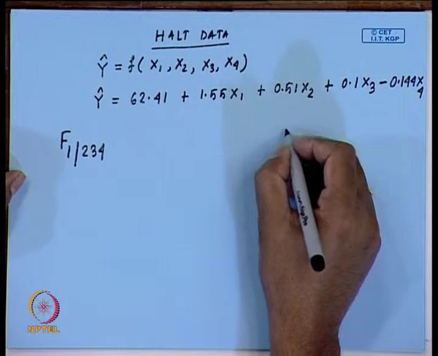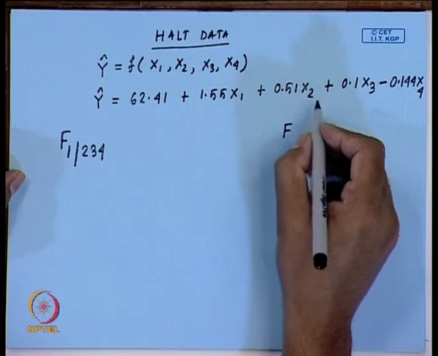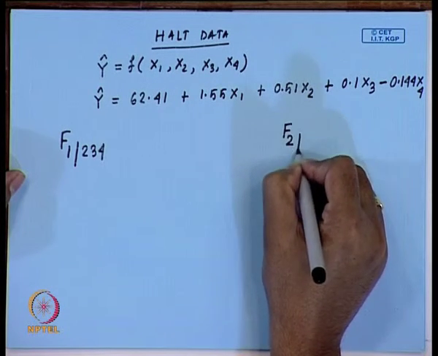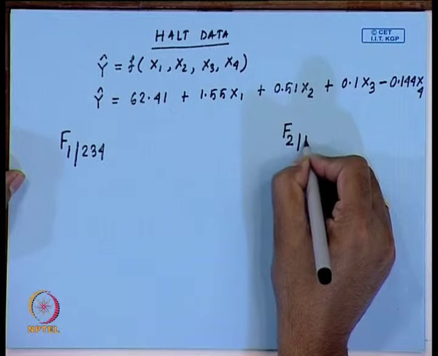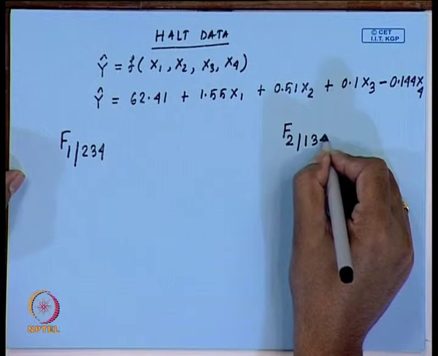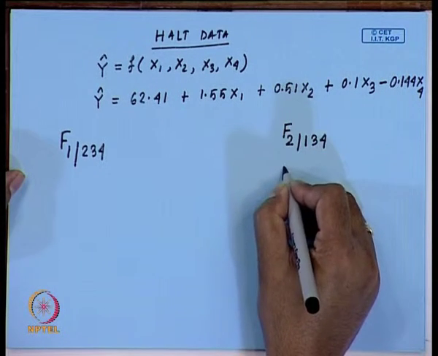Similarly, also we will compute the partial F statistic associated with x2 in the presence of x1, x3 and x4 in the model, and also we will compute for all the regressors. Okay.